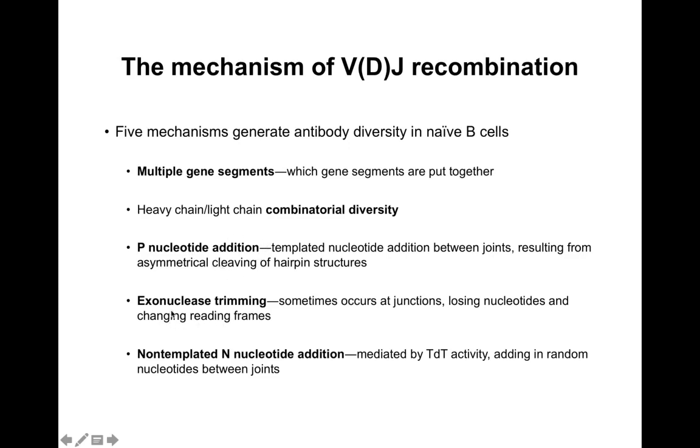We also have exonuclease trimming, so sometimes we lose nucleotides at junctions. And then there's also TdT activity, which adds in non-templated nucleotides. This doesn't tend to occur in the light chain, but does happen more in the heavy chain.